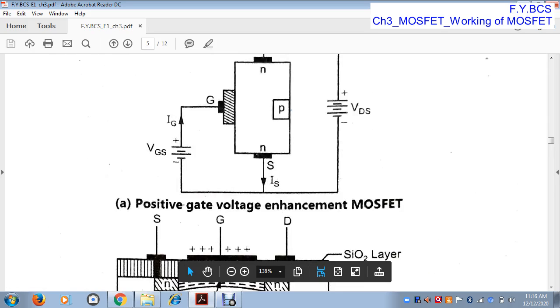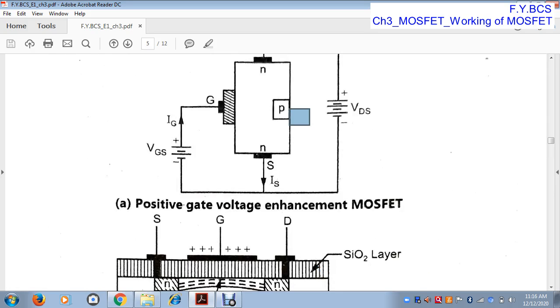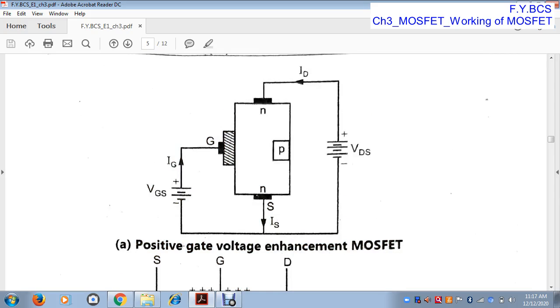This substrate is connected to ground, and this gate voltage is 0. If the gate voltage is 0, there is no current flow through the drain terminal even if we apply the VDS voltage, because the gate to source voltage is 0.